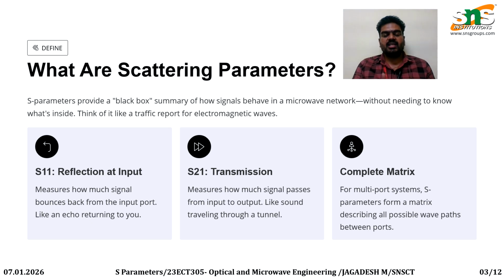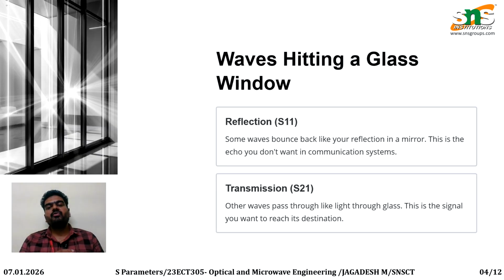For example, the scattering parameter S11 means there is a reflection at the input. S21 is a transmission, and there is a complete matrix. This is the importance of S parameters. Waves hitting a glass window, that is reflection. Some waves bounce back like your reflection in the mirror. This is the echo you don't want in a communication system.